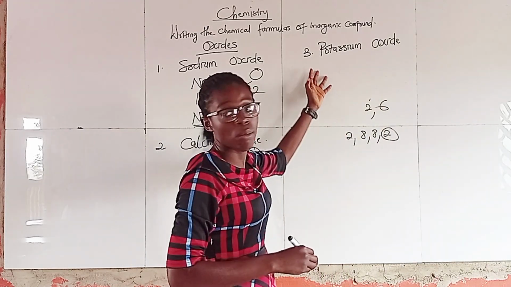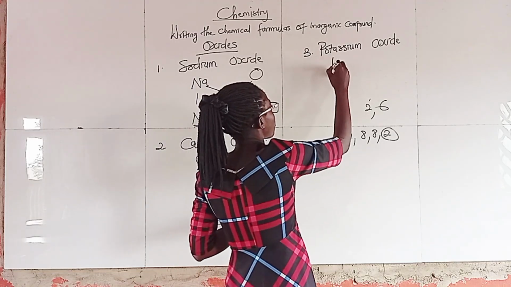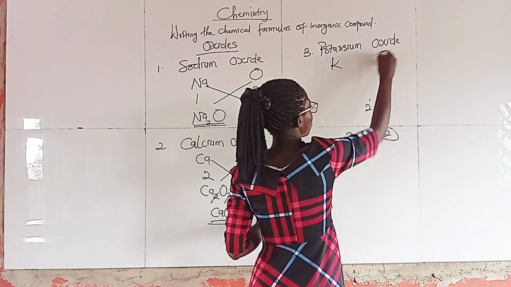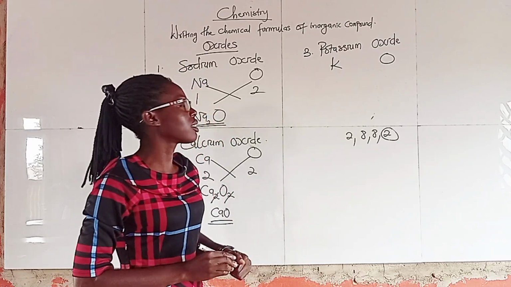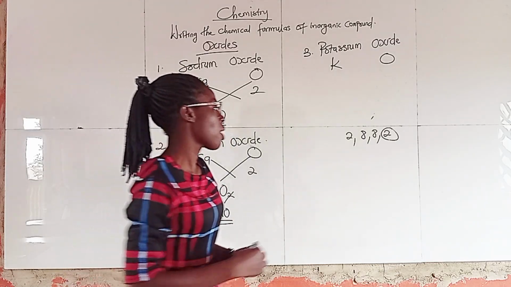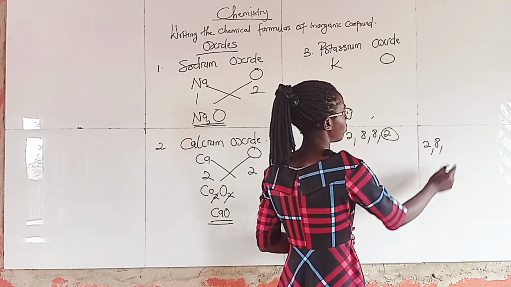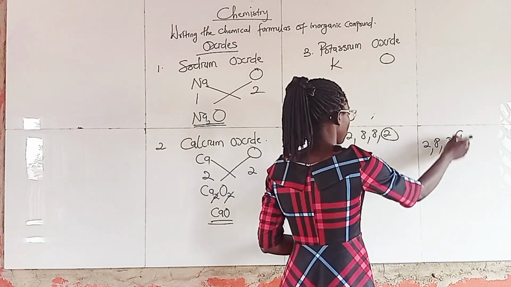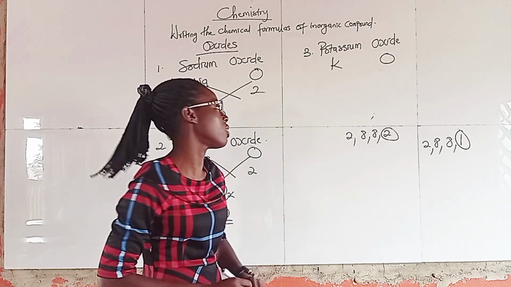Write out the chemical symbols of the elements making up the compound. I have potassium, which is K, and then oxygen. Potassium is a metal and it has 19 electrons. So we have 2, 8, 8, and then 1. This 1 is its valence electron, which is equal to its valency.